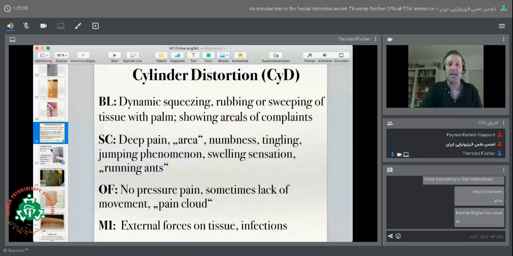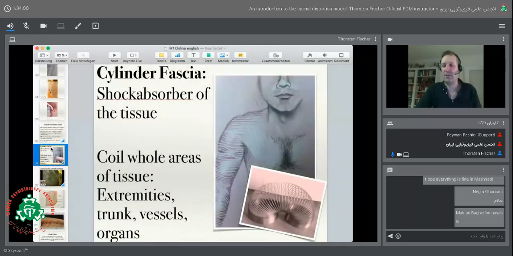And Dr. Typaldos' imagination was that the spirals of the superficial fascia are a shock absorber of the tissue, and they coil whole areas. That's why those patients always complain about an area or a region, and those coils are twisted.